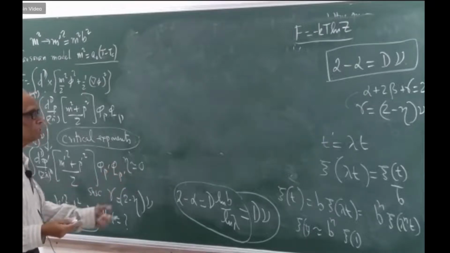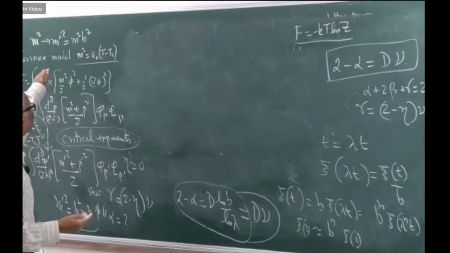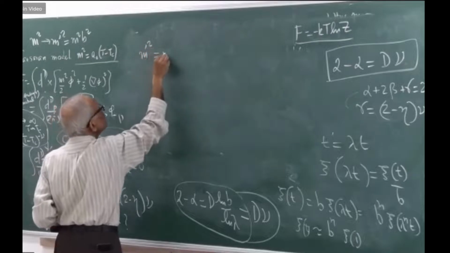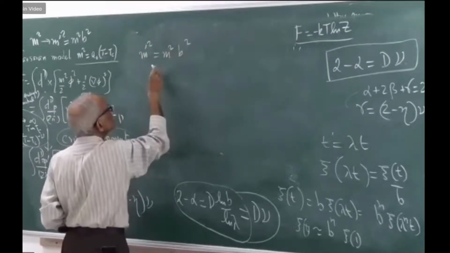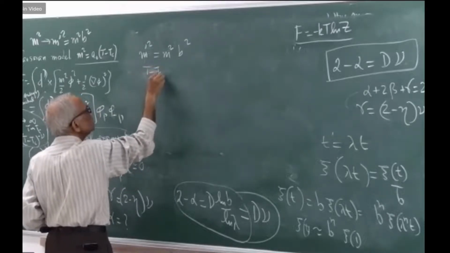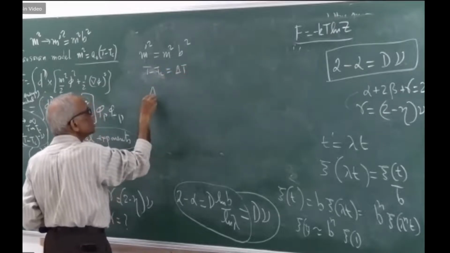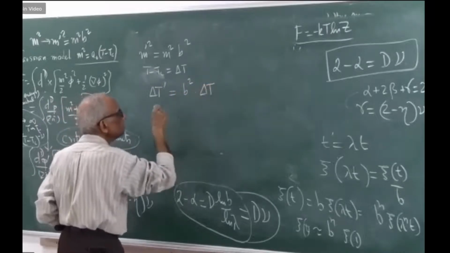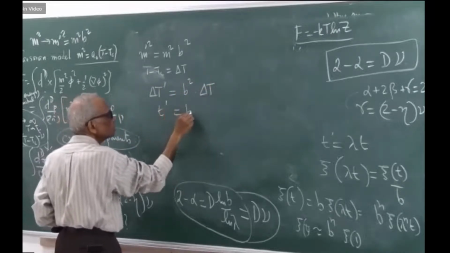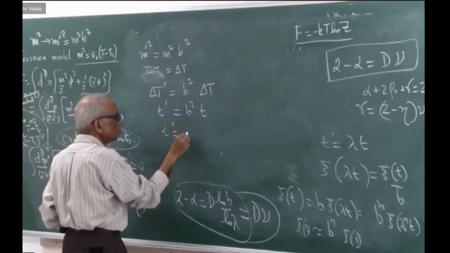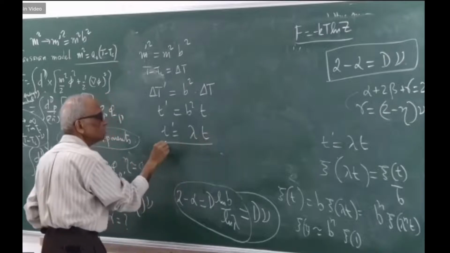Nu is log b by log lambda. And I have here the relationship m prime square is equal to m square times b square. This is t minus tc, so t minus tc is delta t. So delta t prime is equal to b square times delta t, which is t prime equal to b square t. The t prime was equal to lambda t.